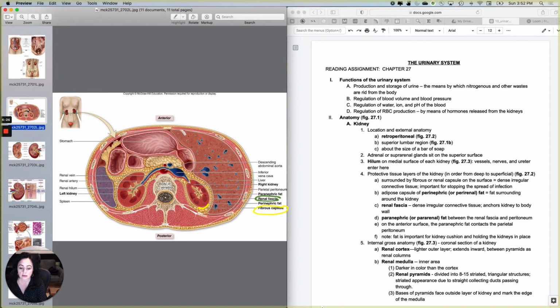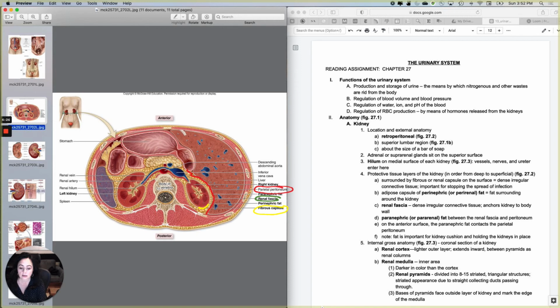The parietal peritoneum we learned about way back at the beginning of the semester. That is the layer of peritoneum that forms the back of the cavity. All of the other organs are on the other side of that parietal peritoneum.